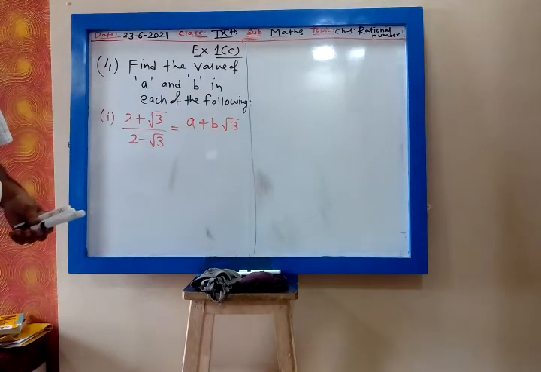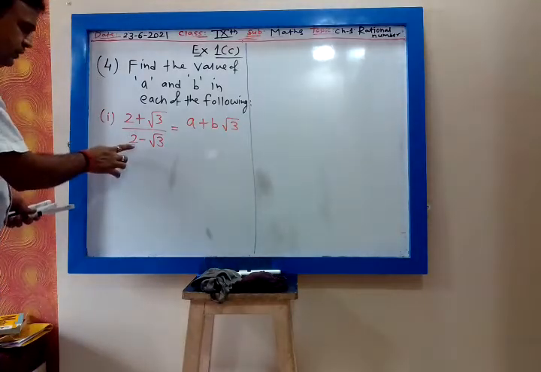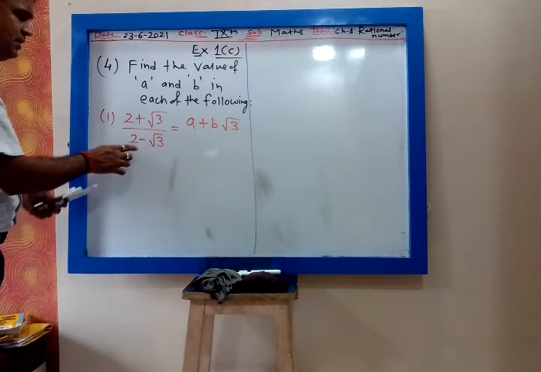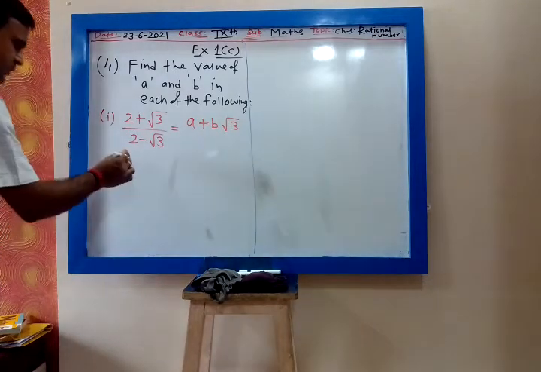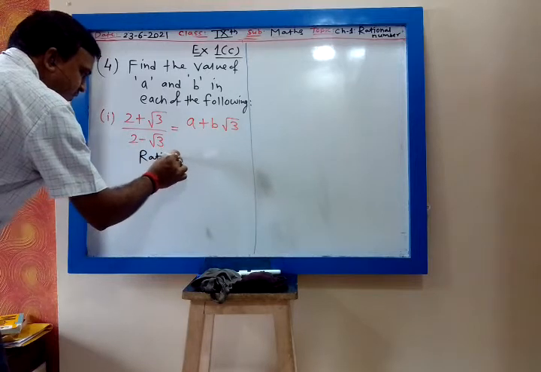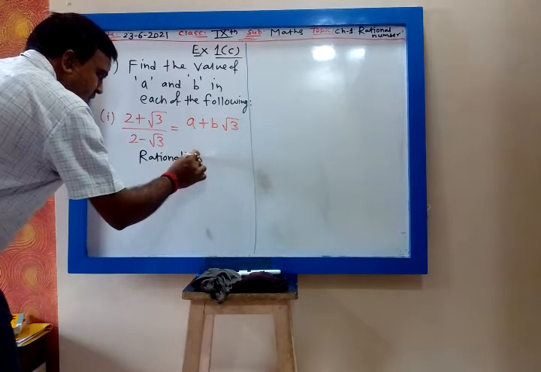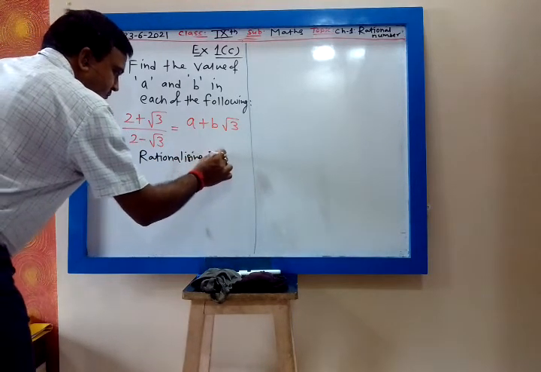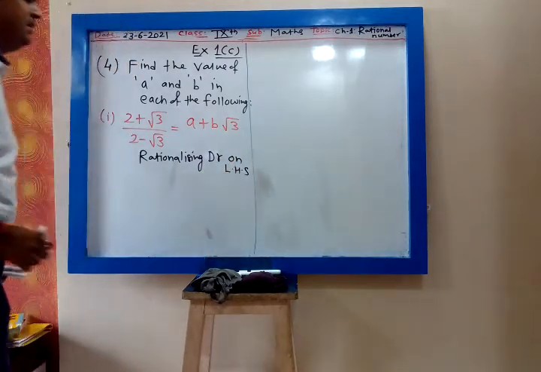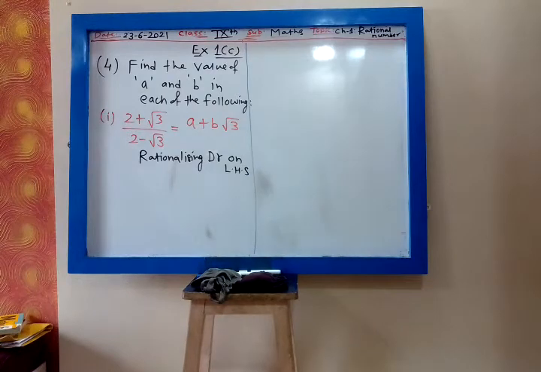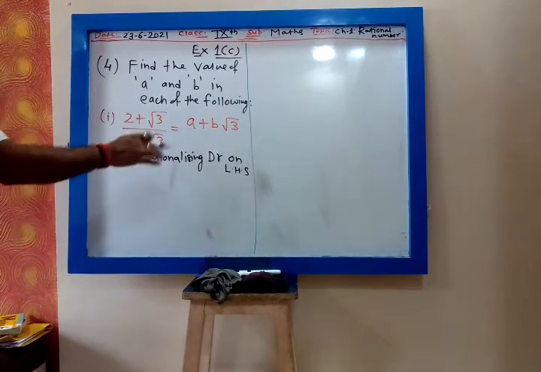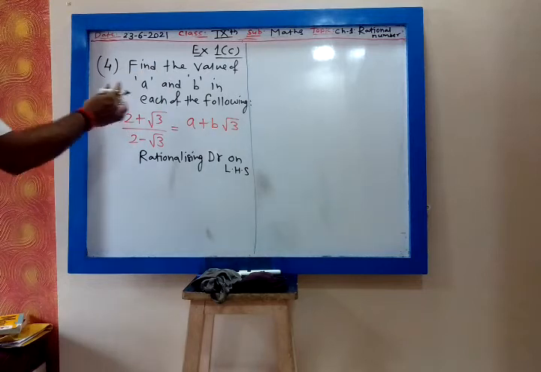How will you simplify the left hand side? You rationalize the denominator. The denominator is 2 minus root 3, so the rationalizing factor is 2 plus root 3.